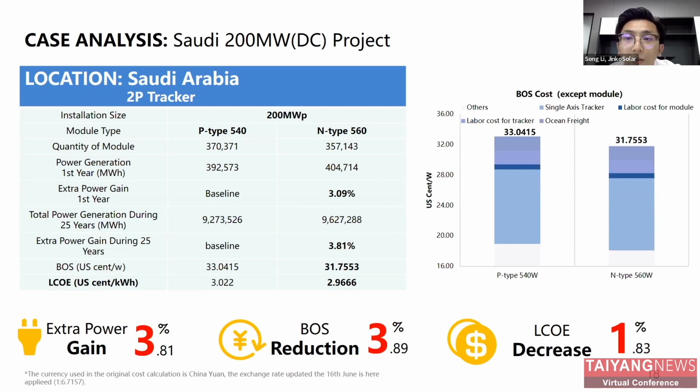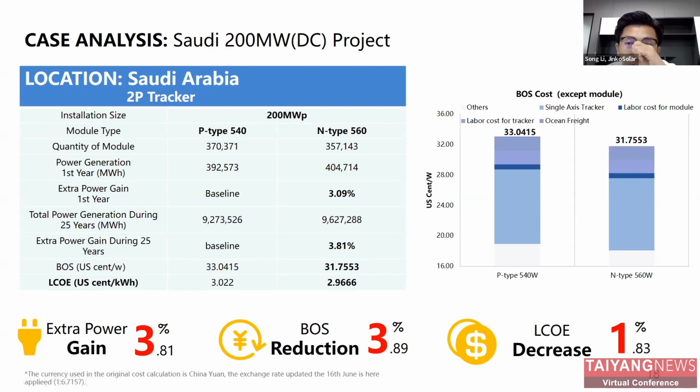From the power generation side, if you choose the N-type module, you can get 3.09% extra power gain compared with using the P-type modules in the first year. For the 25-year accumulated extra power gain, it will be even higher, reaching 3.81%.